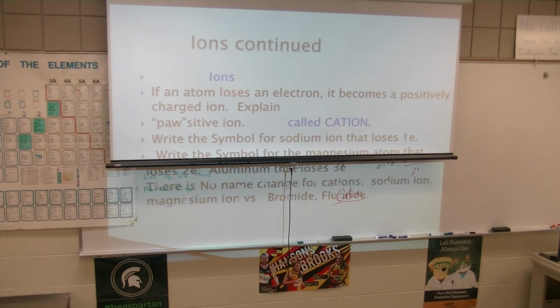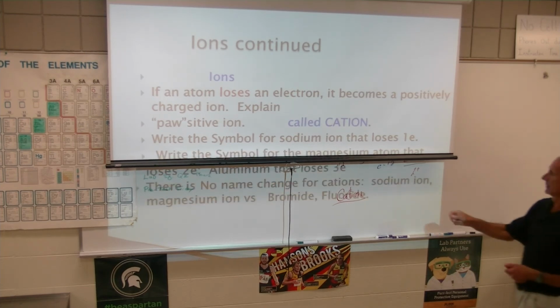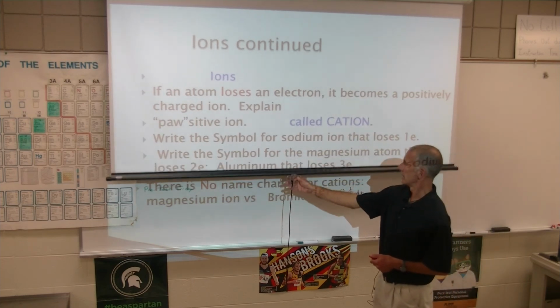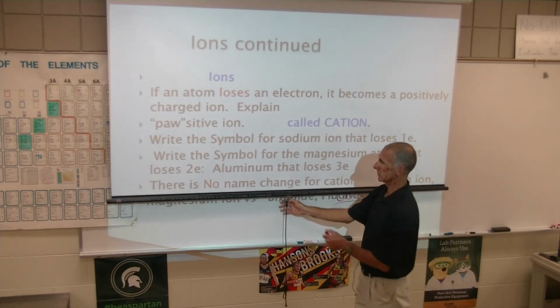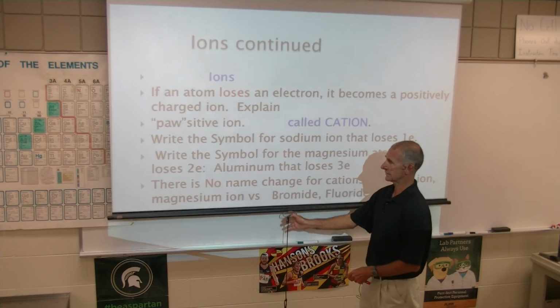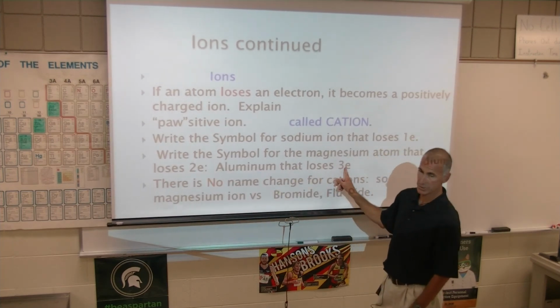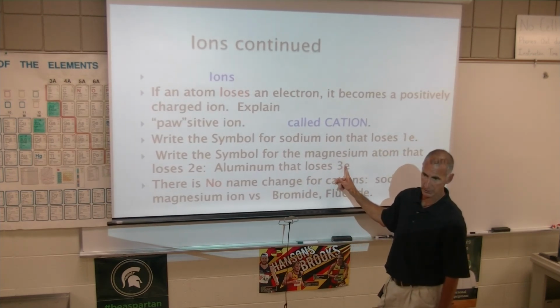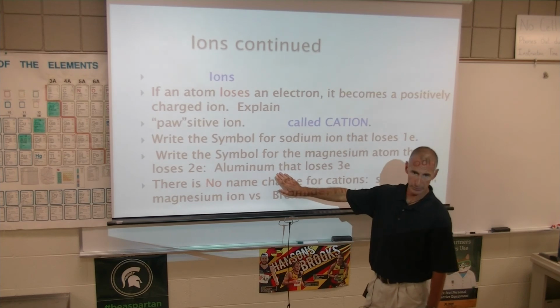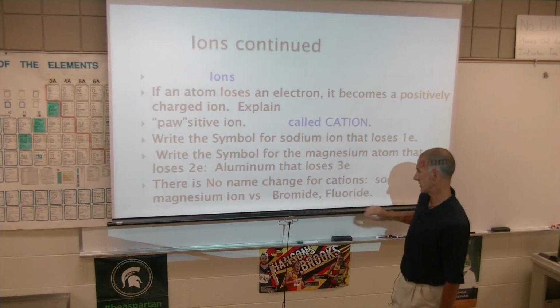All right, let's do aluminum here. So let's write the symbol for aluminum that loses 3 electrons. What would that look like? Let's do aluminum that loses 3 electrons. Okay.